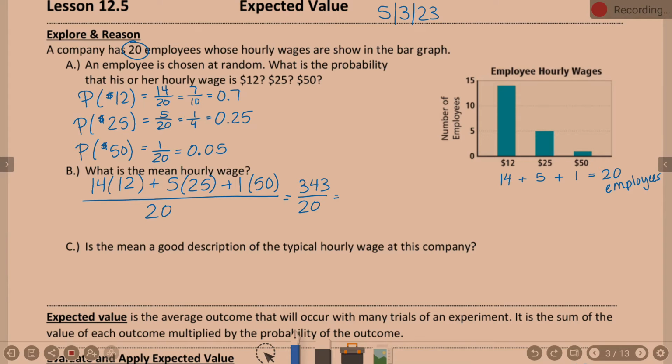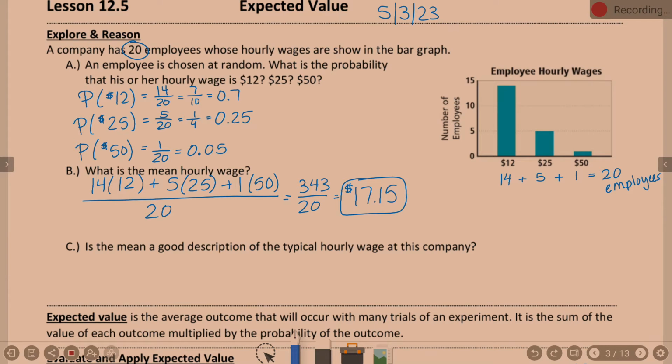Dividing by 20 ends up being 17 and 15 hundredths, or 17 dollars and 15 cents. Okay, so that's your mean hourly wage. You could have added them all individually, but me personally, I'd lose count, so it's just easier to multiply and then add.